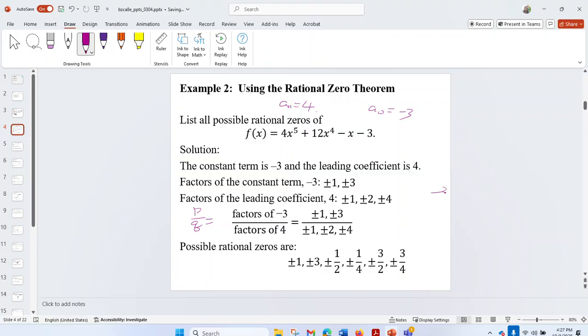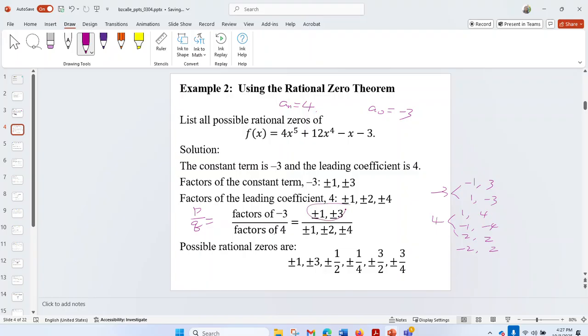You only have negative 1 and 3, or 1 and negative 3, so we usually just write plus or minus 1, plus or minus 3. For the factors of 4, you can have 1 and 4, negative 1 and negative 4, or 2 and 2, negative 2 and 2, or you can just write plus or minus 1, 2, and 4. Then we are going to divide everything by these.